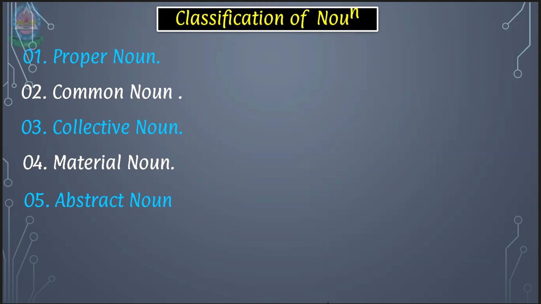On the basis of visibility, the first 4 are visible and the last one is not visible. I mean, those that are visible are called concrete noun.